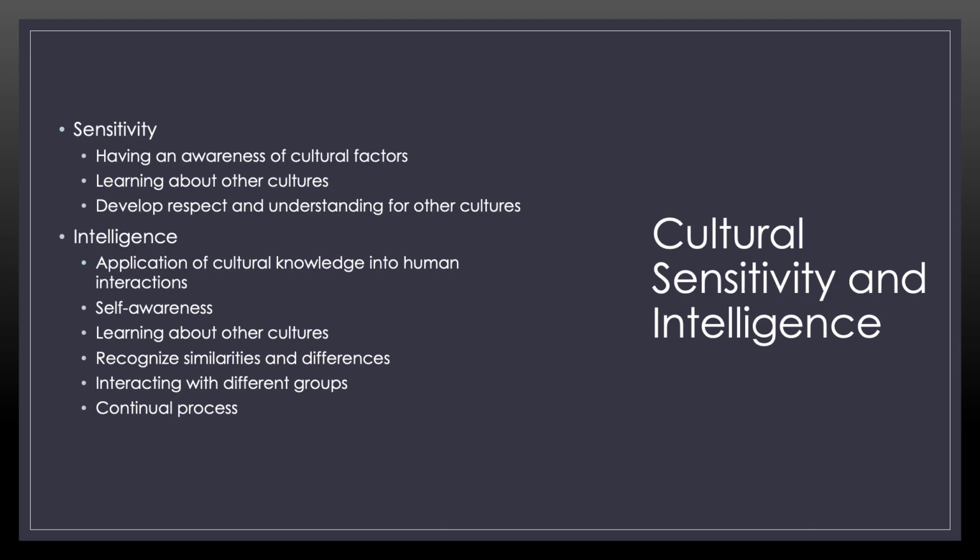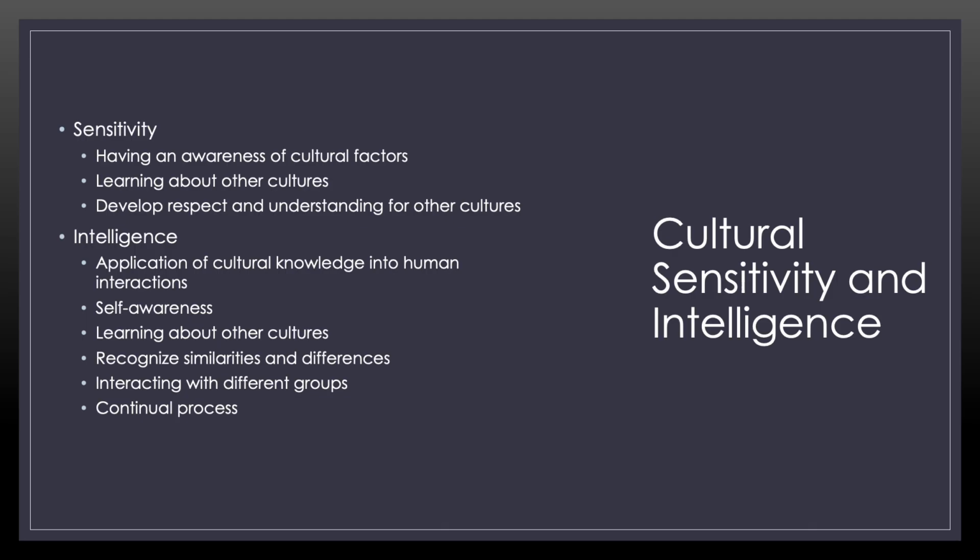Cultural intelligence also includes needing to learn about other cultures and really recognizing the similarities and the differences between cultures. Oftentimes we focus on the differences, and that means that they are apart from us when we focus on differences. But when we begin to focus on the similarities and the differences, we start to see commonalities.